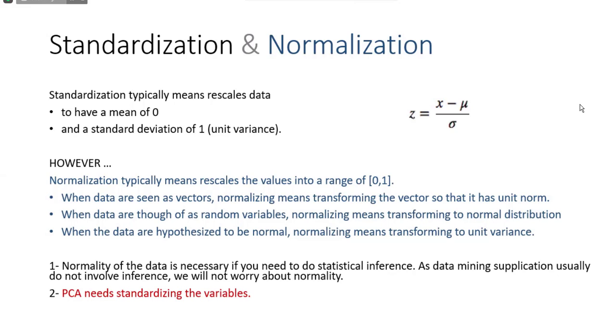But if you don't want it, and as data miners most of the time we don't need to make inference, we only want to make a model to make predictions and get values for the future. In this case, we don't need the normality assumption, and PCA needs only standardization. This is essential for PCA. So keep it in your mind that PCA needs standardizing, even if we don't want normality in our model.